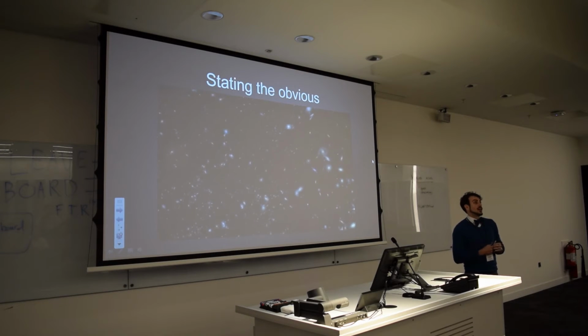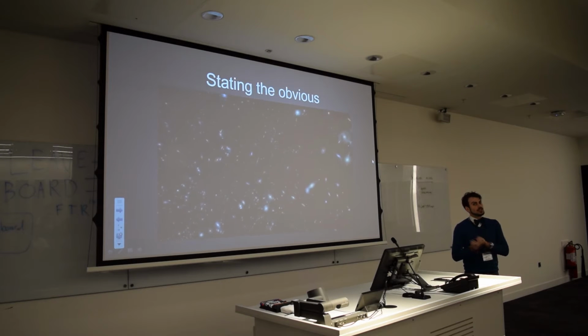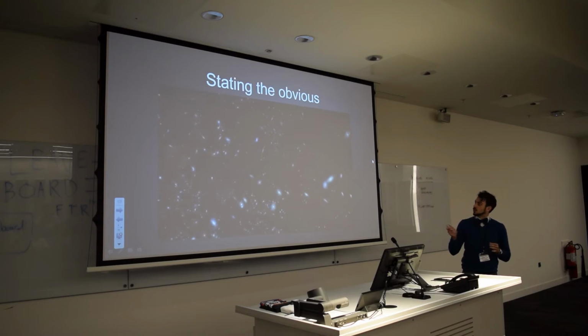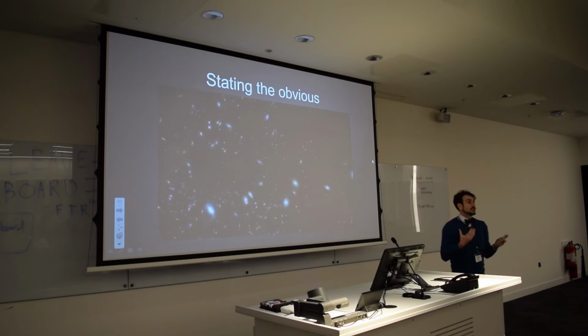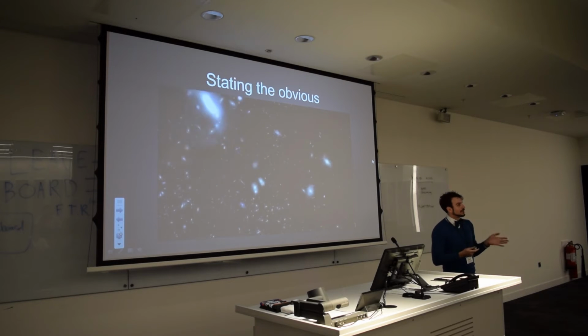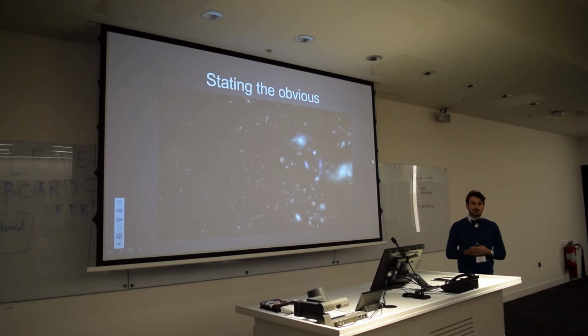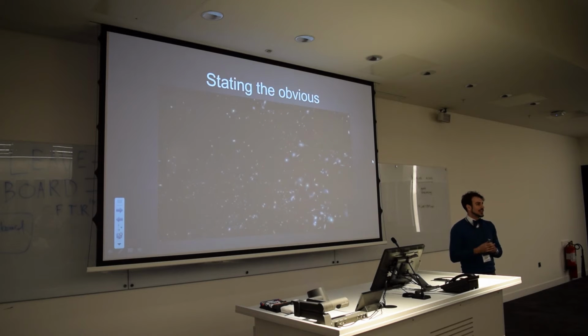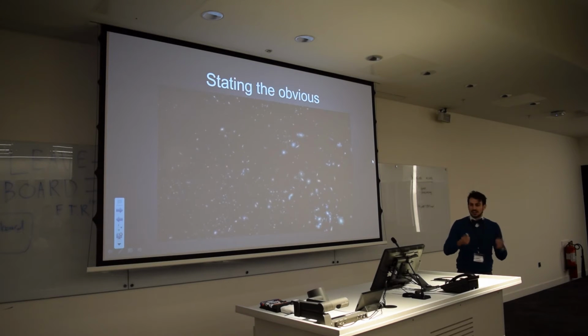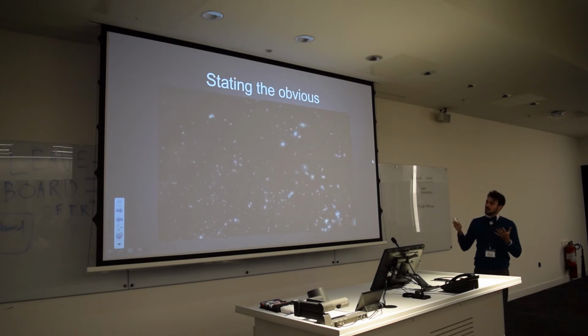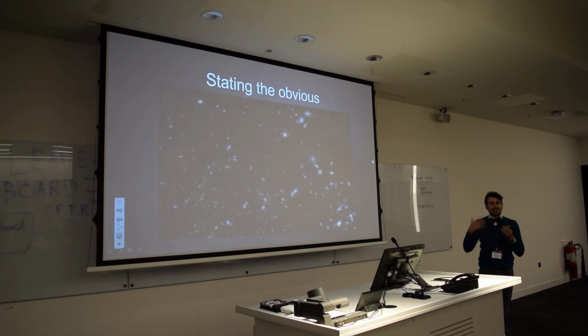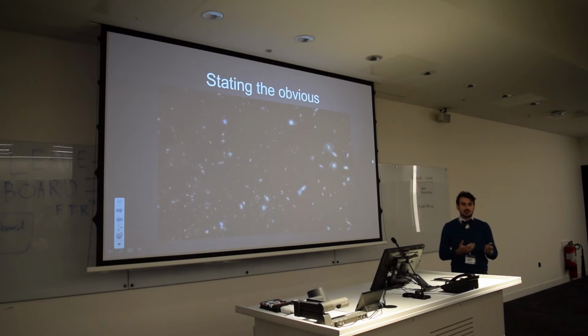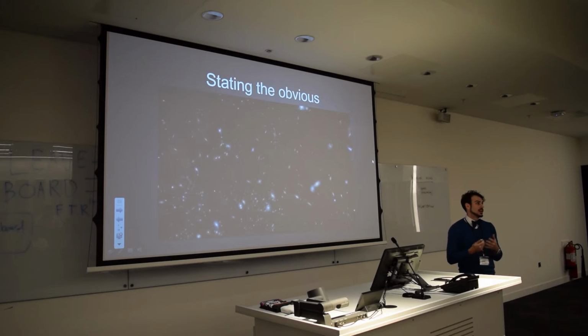Since astronomers are very resistant to change, they decided to call the spirals, which were the first formed in the universe, late type, and the ellipticals, which are the ones that formed later, early types, because that's what they thought. That's how they thought they formed back when galaxies were discovered in the 1920s.